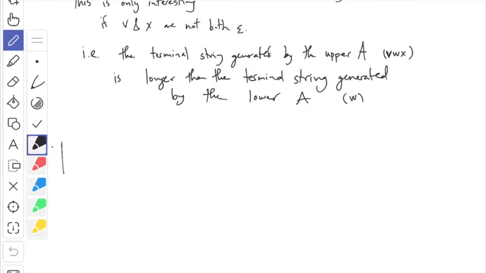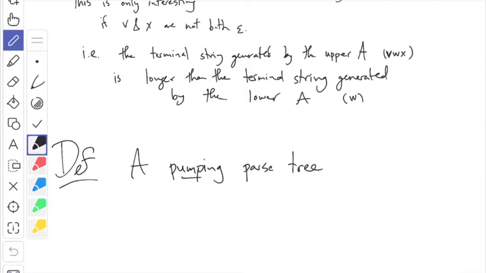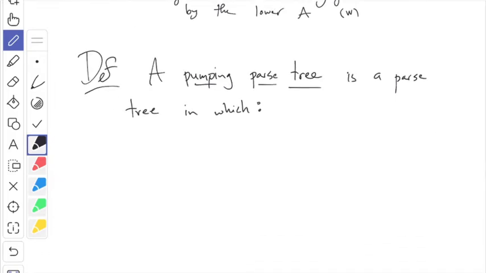I'm going to write it again. A pumping parse tree is a parse tree for a particular string. It's a parse tree in which two things are satisfied. First of all, I'll just say it out loud first.